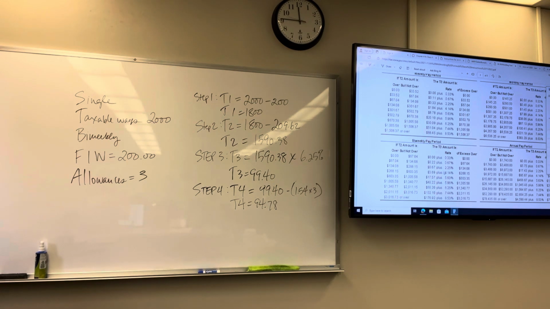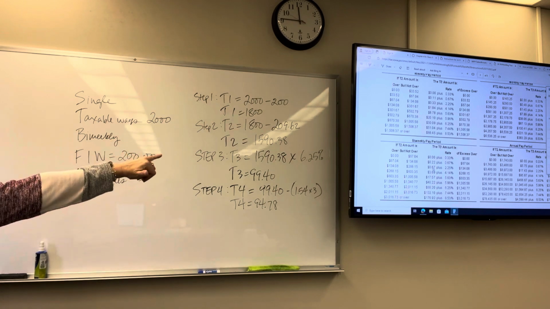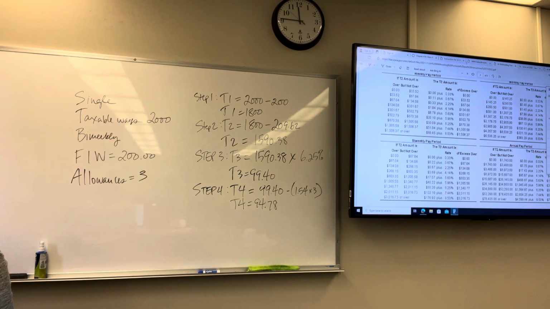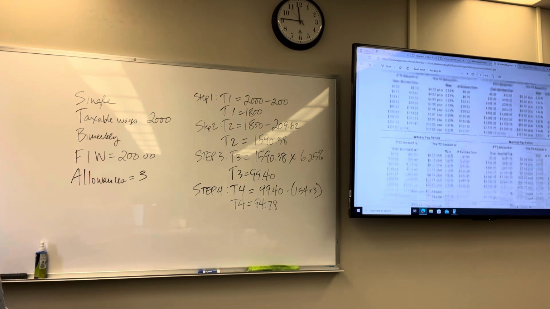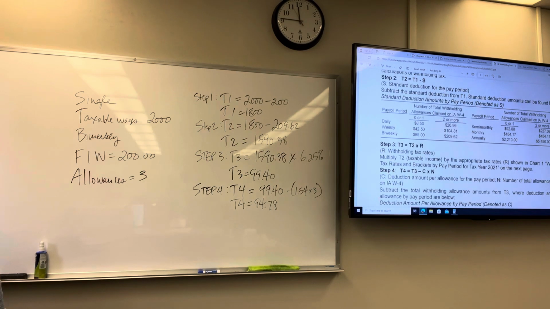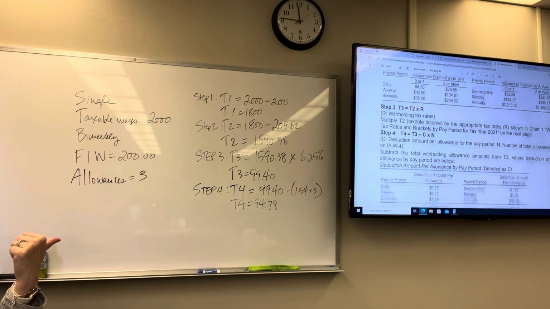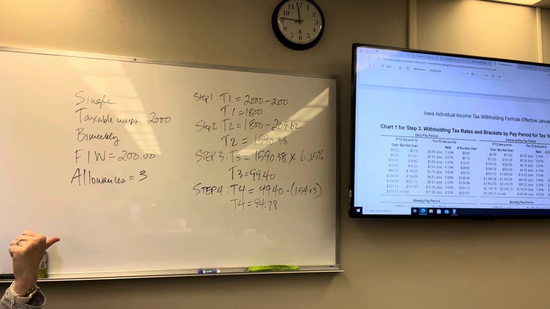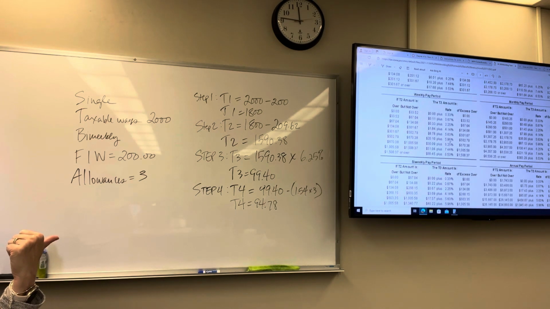Okay, so my T3 I think is off because I think I'm not supposed to be just multiplying that by 6.25. I'm looking at the instructions here, and when I read it, multiply T2, taxable income, by the appropriate tax rates shown in chart 1, withholding tax rates in brackets by pay period, for tax year 2021 on the next page. It's actually 2022. I don't think we're supposed to actually multiply it by the tax rates.